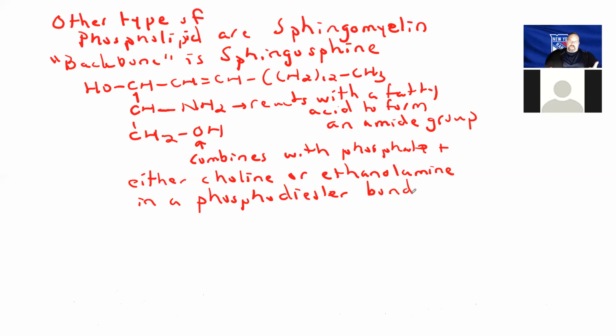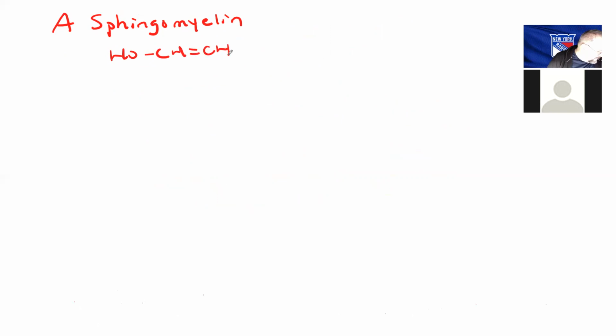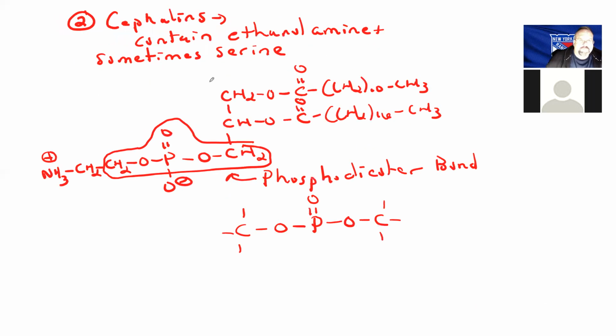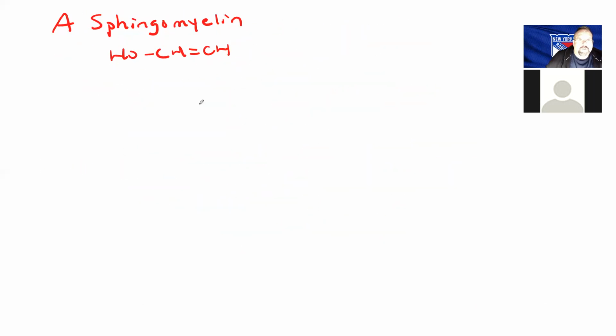So this is the similarity that you have. So in terms of a sphingomyelin, you have something that looks like the following. Yep, double bond too soon.